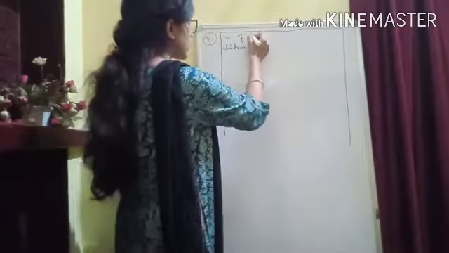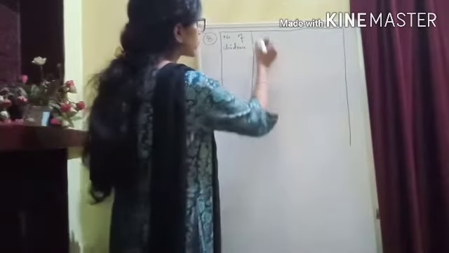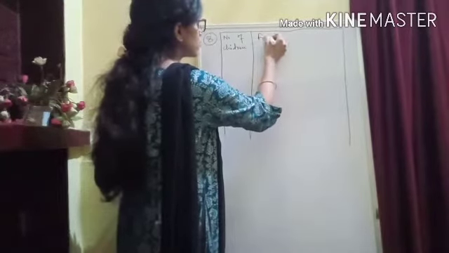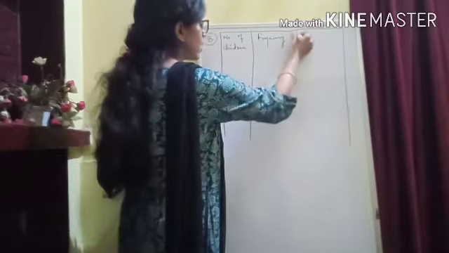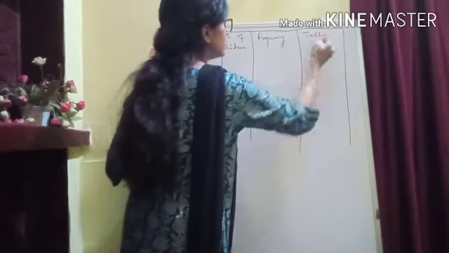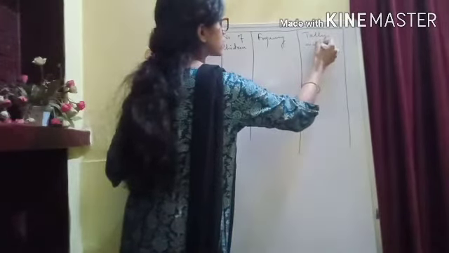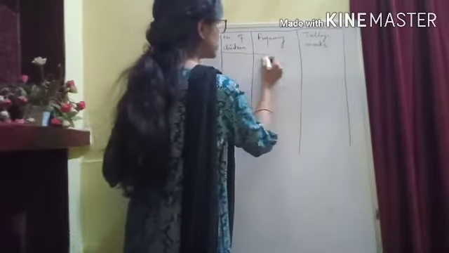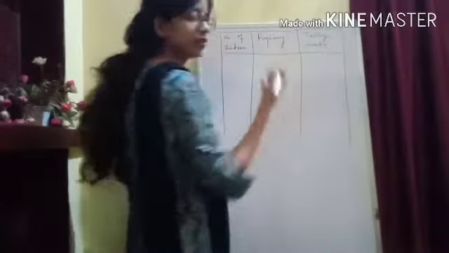So let's say the second column we are taking for frequency, and the third column we are taking is for tally marks. I hope you have all learned this also, but let's revise it once.